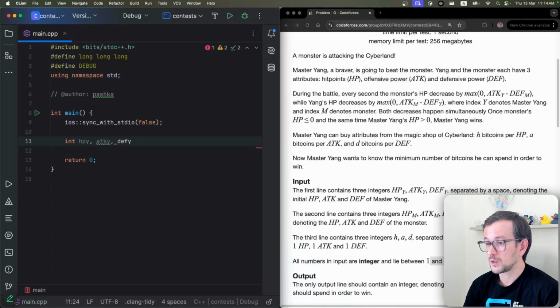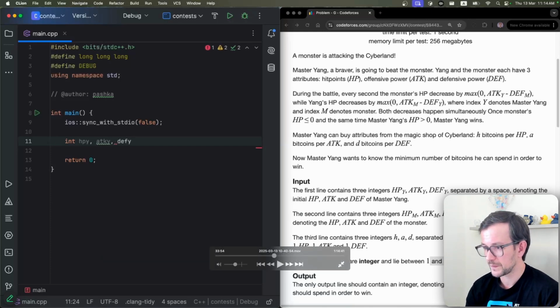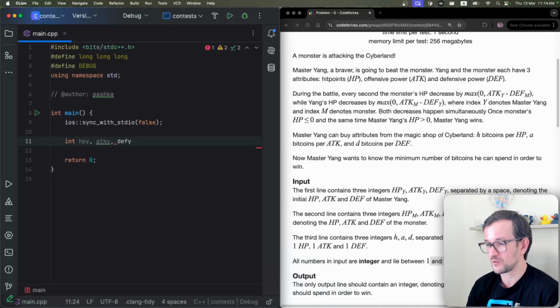Again, the key observation in this problem is that all the numbers are small. So here, again, constraints are a very important part of the problem statement. You need to solve the problem specifically for the data limited by these constraints. So you look at this constraint, the numbers are small, and you think, okay, if numbers are small integers, maybe I can just brute force some cases. And you think, okay, what can I brute force?